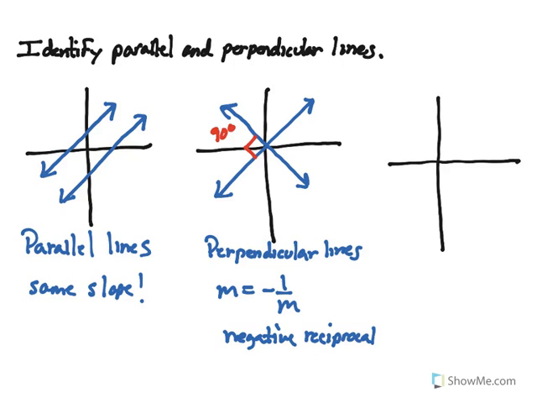Okay? And then, of course, you can have situations where you have two lines that will eventually intercept each other. So you'll have a point of interception, okay? And that's going to be neither, obviously, because they're neither perpendicular nor parallel.